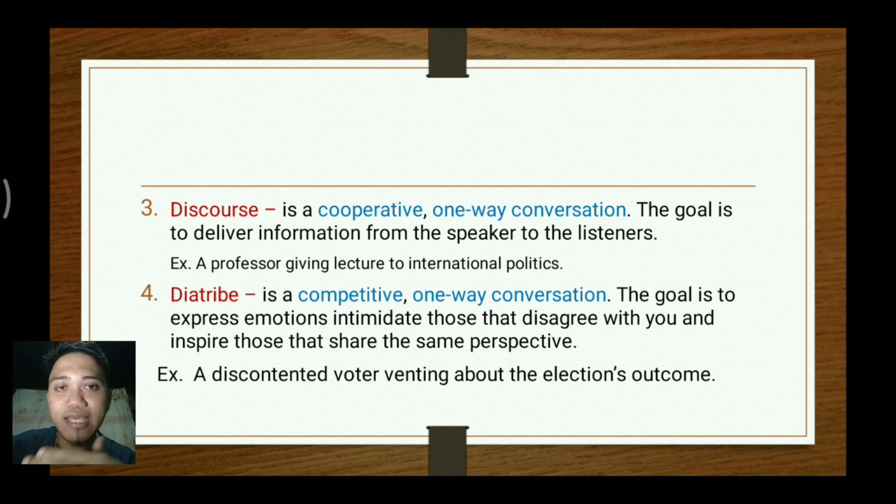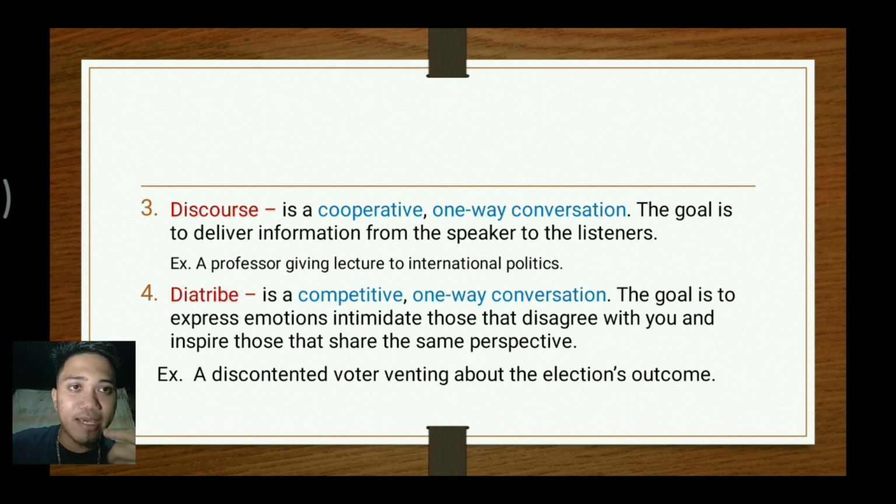So a diatribe is still a one-way conversation where a speaker is giving his stance. His goal is to express his emotions and intimidate those who don't believe him or her, and also to inspire those that share the same perspective.